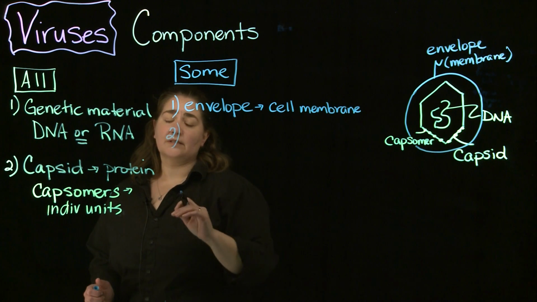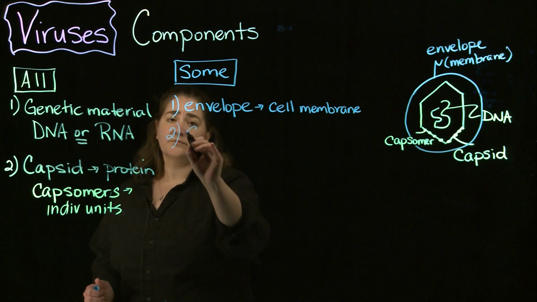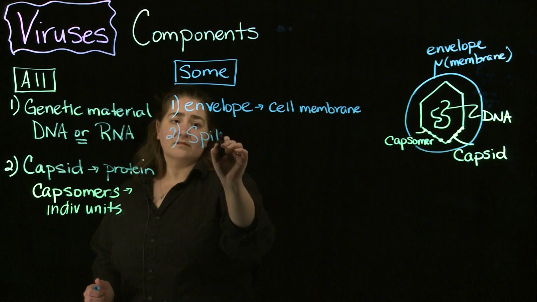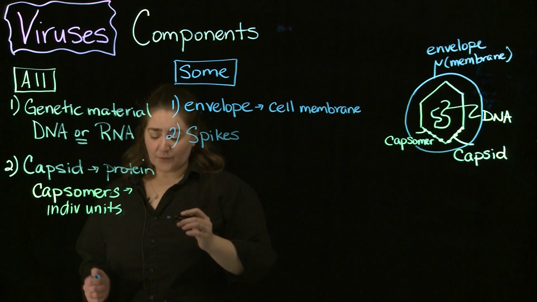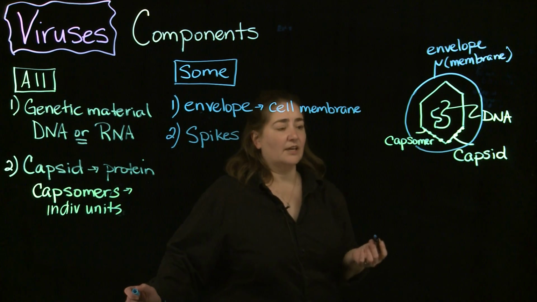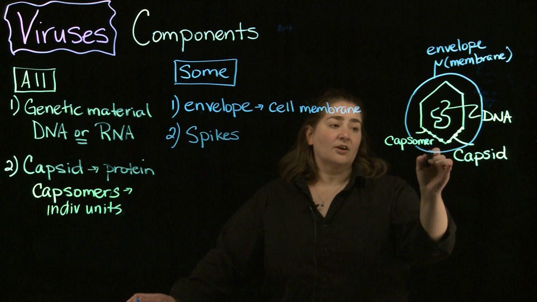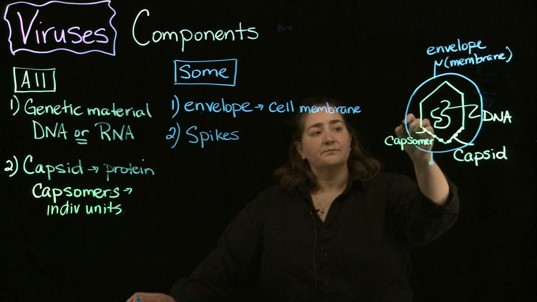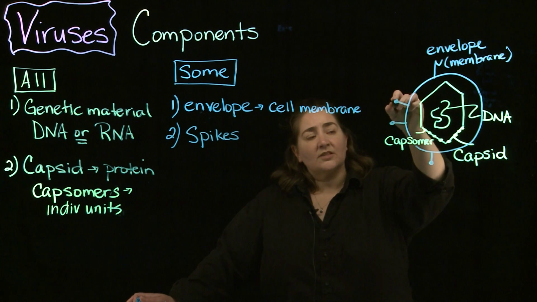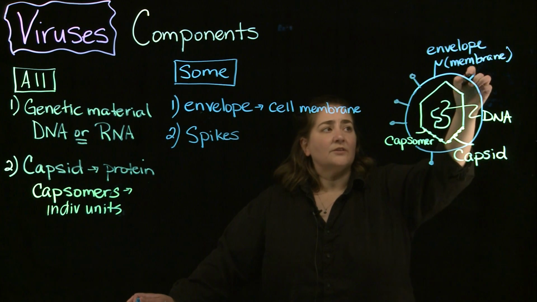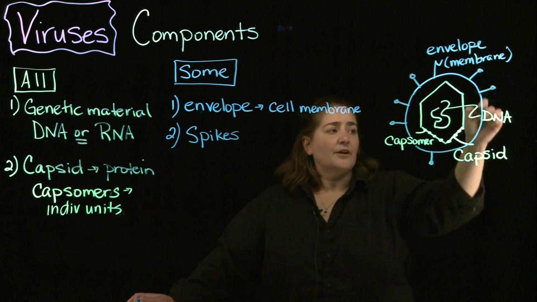The second part that will be present in some viruses but not all is the presence of spikes. These typically are glycoproteins. I'll just draw them randomly here off our virus.